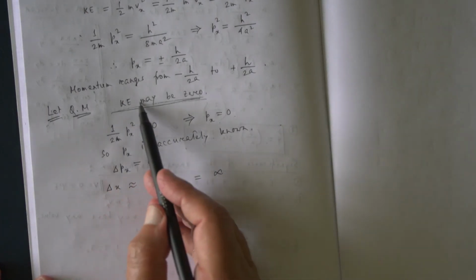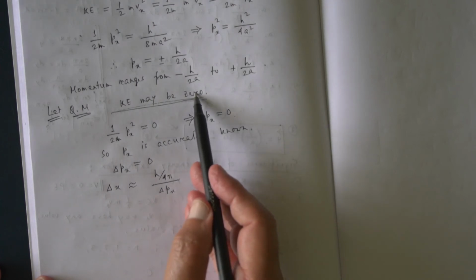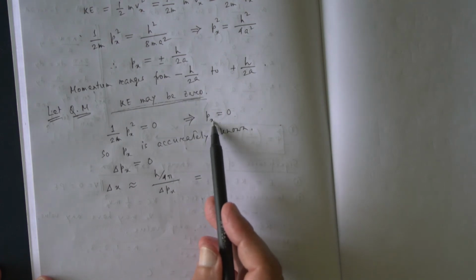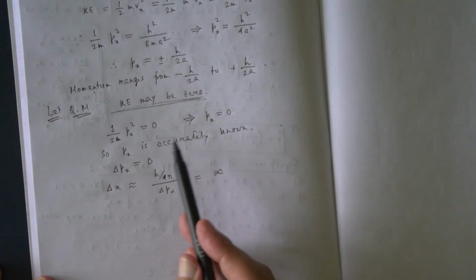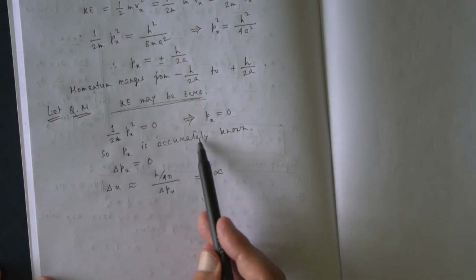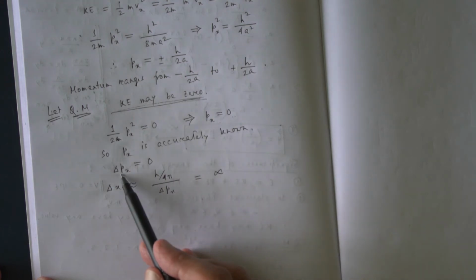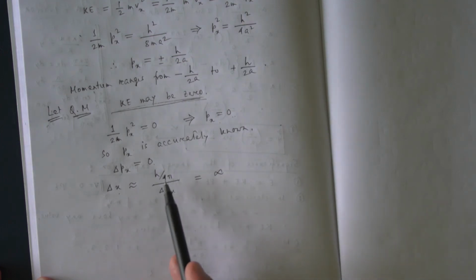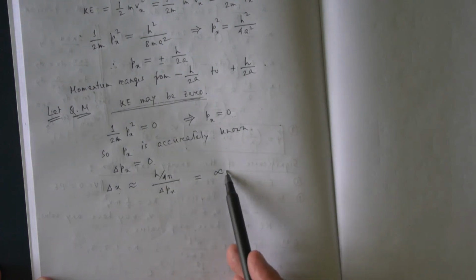So if quantum mechanically kinetic energy is zero, then momentum will be zero. That means momentum is accurately known, and uncertainty in momentum is zero. That means uncertainty in position will be infinity.